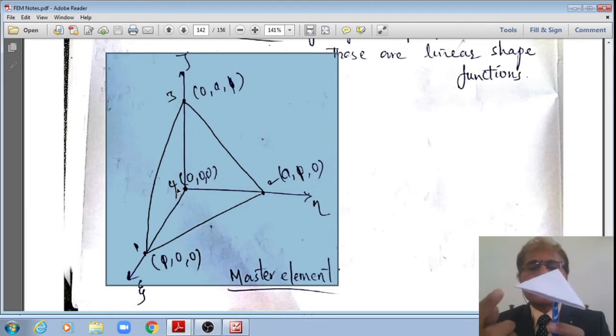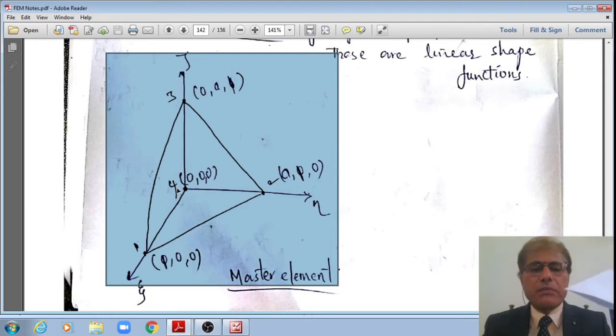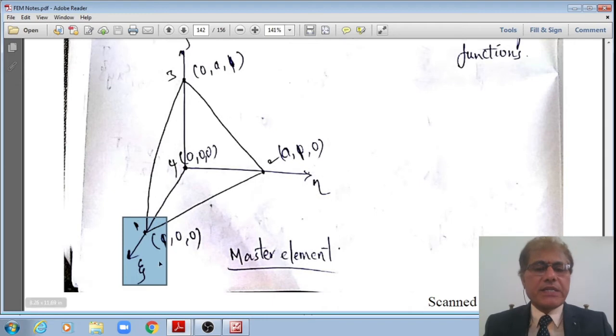In the previous case, I denoted 1, 2, 3 as the base, and the fourth node was at the apex point. Now in the master element, we are assuming that this is along the local xi eta zeta direction, or local coordinate system, or non-dimensional coordinate system, or intrinsic coordinate system. All the 4 axes represent the same.